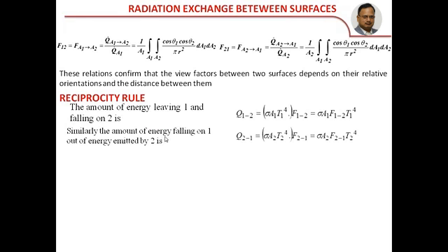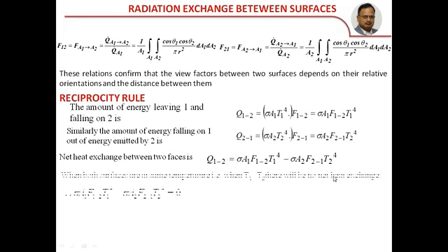Similarly, the amount of energy falling on 1 out of the energy emitted by 2, Q21, is sigma A2 T2 to the power 4 into F21. So the net heat exchange between the two surfaces, Q12, can be written as sigma A1 F12 T1 to the power 4 minus sigma A2 F21 T2 to the power 4. When both surfaces are at the same temperature, there will be no net heat exchange.